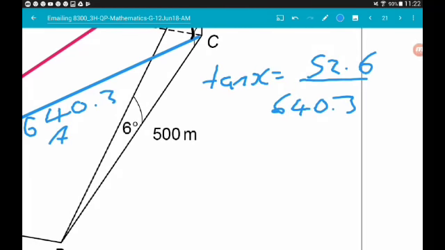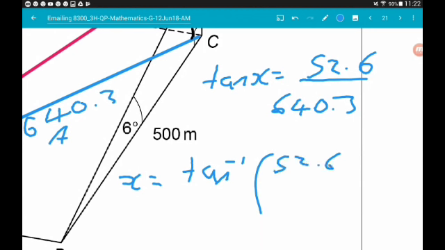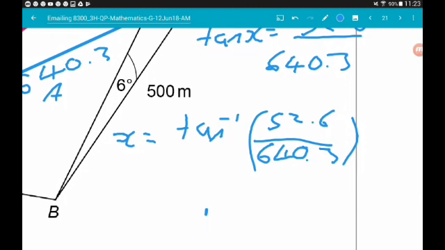So x is the inverse tan of that fraction, which gives us x is equal to 4.7 degrees to one decimal place. So 4.7 is our answer.